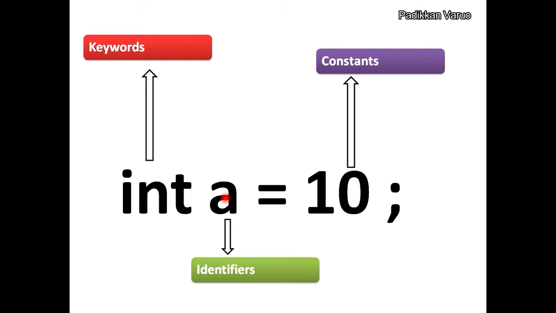So a is considered a variable name and it can be treated as an identifier. Then this 10 is called a constant. So in this statement, declaration with initialization is being performed. I have declared a variable named a and have initially passed a value 10 into it. So here you can see keywords, identifiers, and constants.